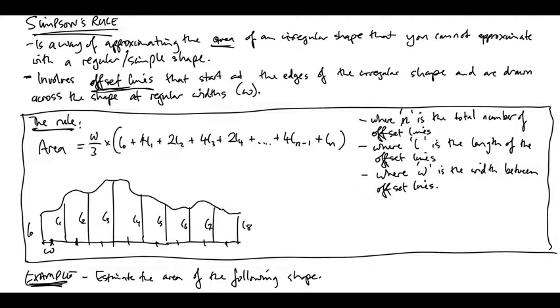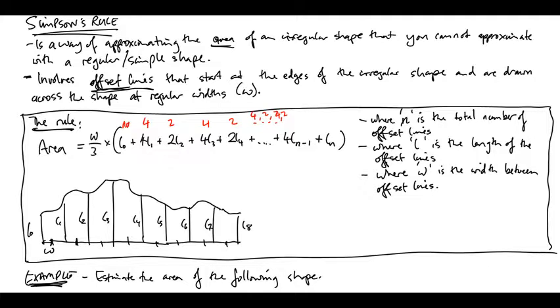But you just need to make sure that, because it's going to be an odd number of offset lines, the very last offset line is not multiplied by anything, and the second to last will be multiplied by 4. So this pattern is going to go on, 4 2 4 2, and then all between here it's going to go 4 2 4 2.